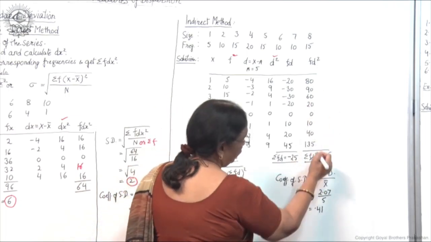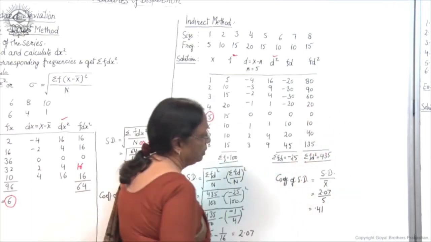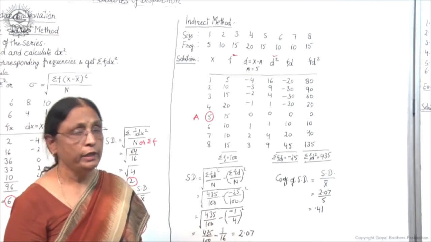And if you do the total of this, this is 435. This is sigma fd square.